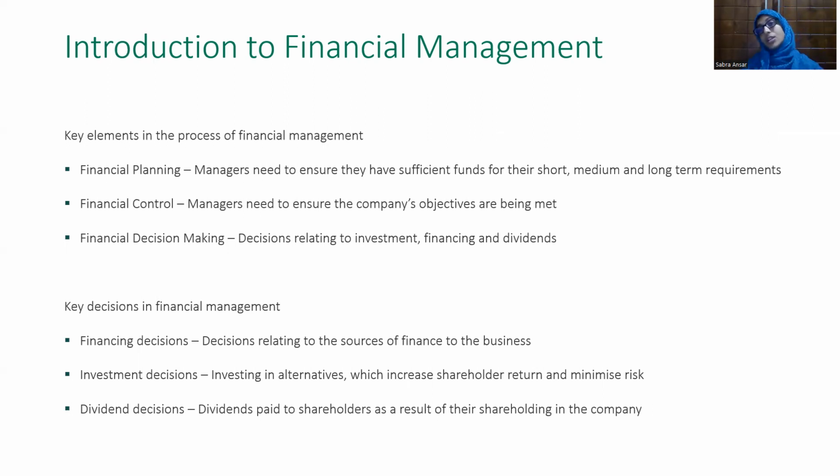First is financial planning. So what is financial planning? Managers generally need to ensure that they have sufficient funds for their short-term, medium-term, or long-term requirements. For that, the managers need to plan it out. That is what we call financial planning.